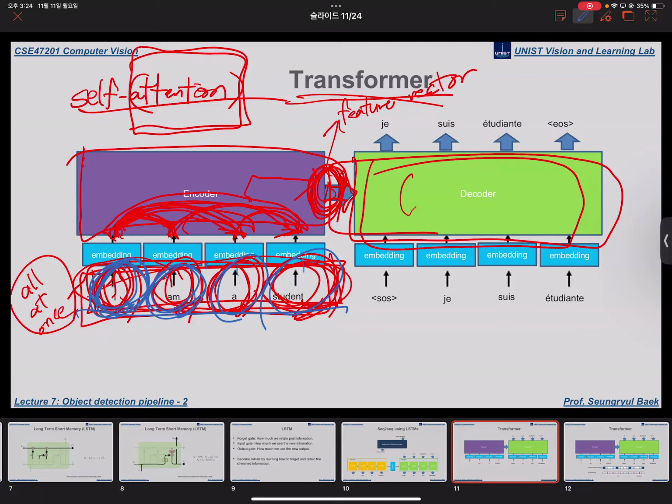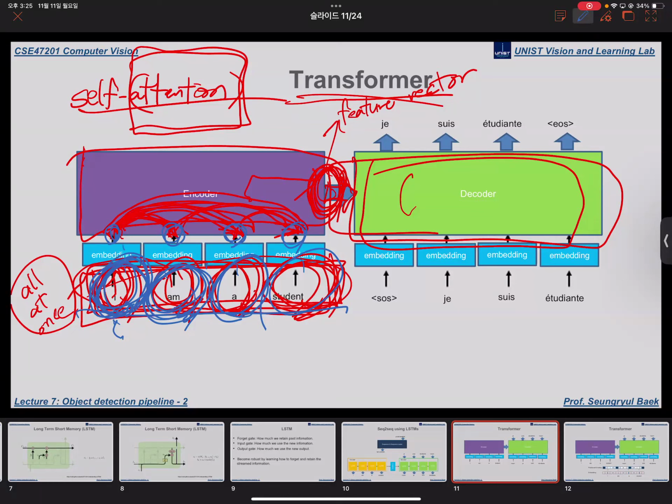But maybe you may think that because in this figure, this I is positioned left of the M, right? And M is positioned left compared to the A. So you may think that such ordering information remains here, but the transformer doesn't know about that because when inputting this signal to the encoder, they disregard the ordering, okay?